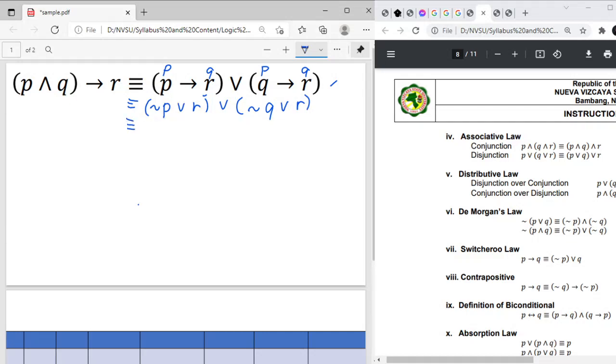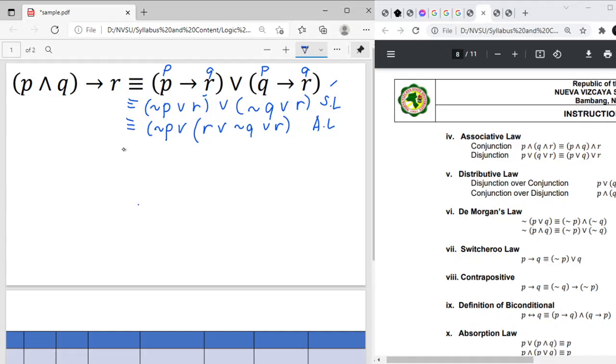Yung not P, pwede nating i-regroup yung R, mapupunta siya doon with that of the parenthesis of not Q or R. So, we have not P or R, or not Q or R. That is by associative law. Again, for the first equivalence, that is by using the switcheroo law.